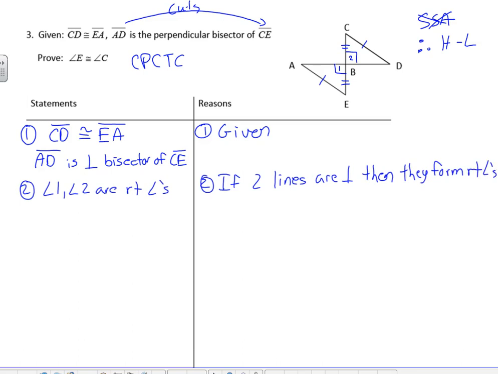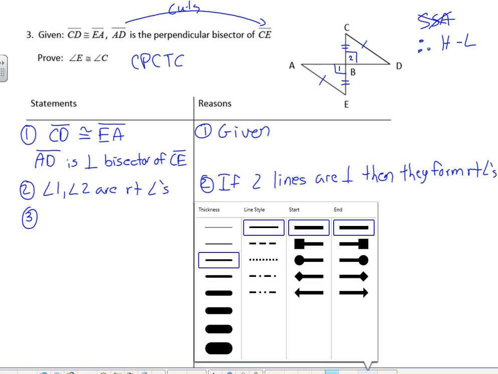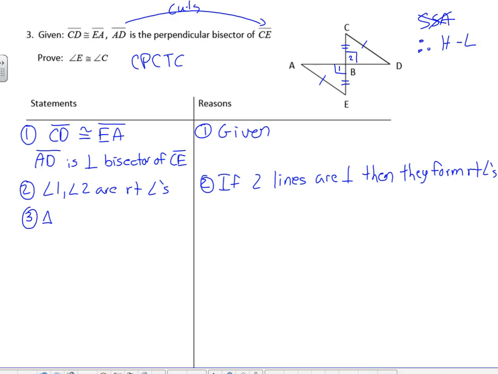All right, so that gets us in the hypotenuse leg case to say, excuse me, I've got to say the triangles are right triangles. So triangle ABE, and let's call the other one DBC, are right triangles.